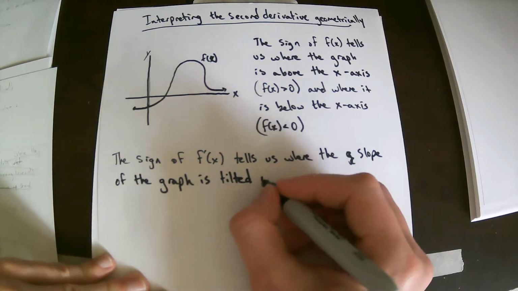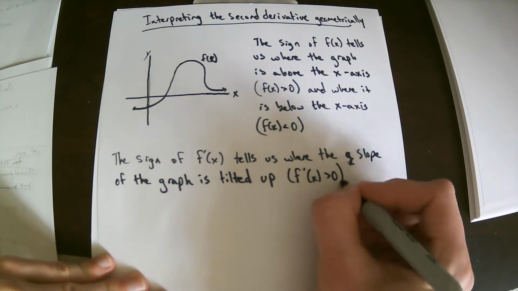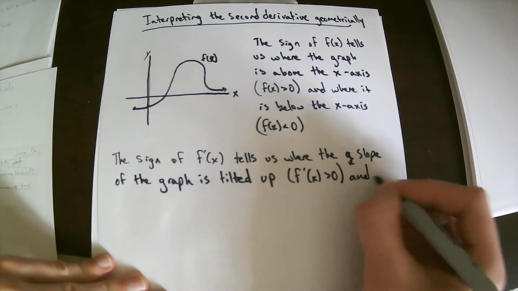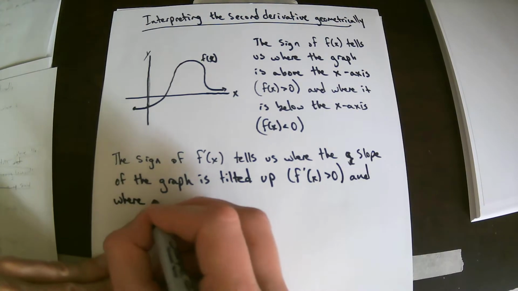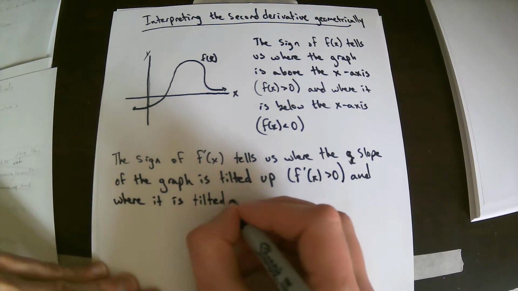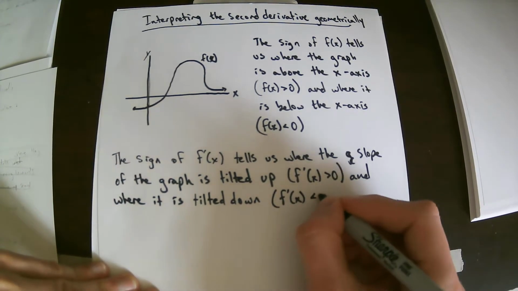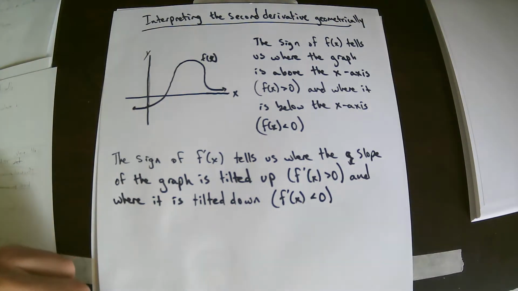Positive slope. That's where f prime of x is positive, and where it is tilted down, that's where f prime, its first derivative, is negative. Okay, so we already know that.